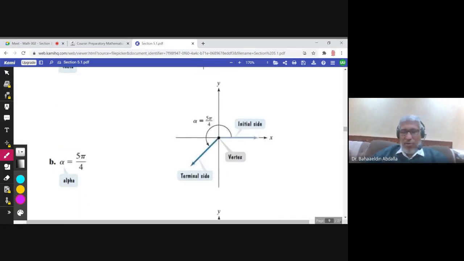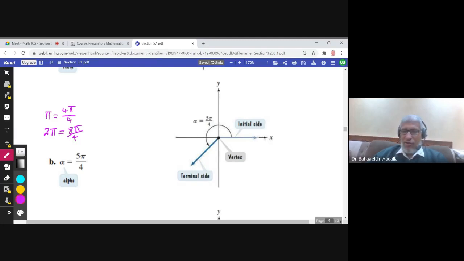Okay. How to draw 5 pi over 4? Please pay attention. When the denominator is 4, remember that 1 pi is 4 pi over 4, because 4 cancels with 4 and you get pi. And 2 pi is 8 pi over 4, because 8 over 4 is 2.